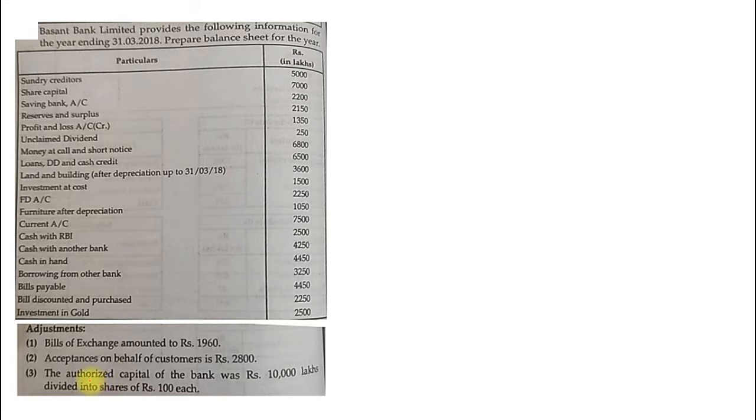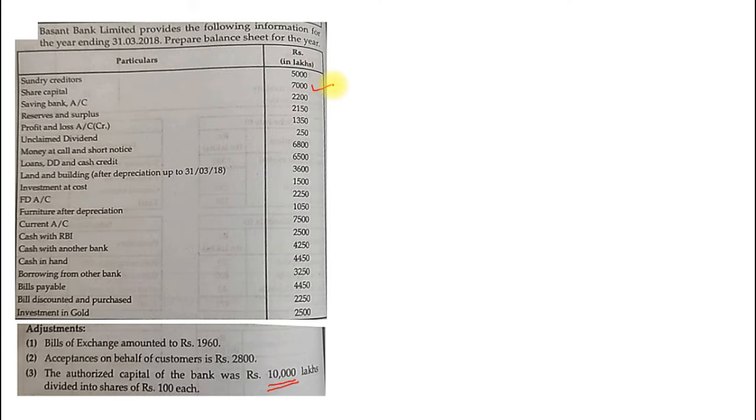Now remember they are giving you authorized capital of 10,000. Authorized capital will be shown in the notes to accounts of share capital. And second, share capital of 7,000 is directly given to us. So two things will appear in the very first schedule. Number one will be your authorized capital, which will just be shown in the schedule and after that it doesn't come in the balance sheet.